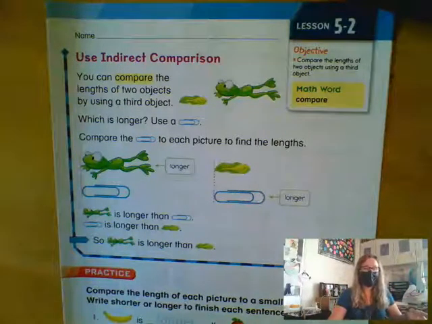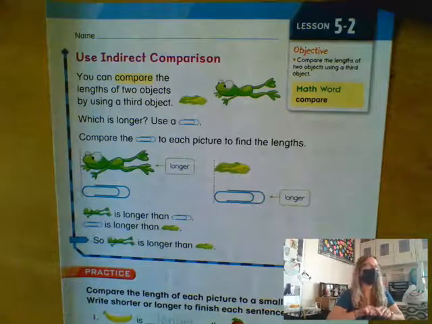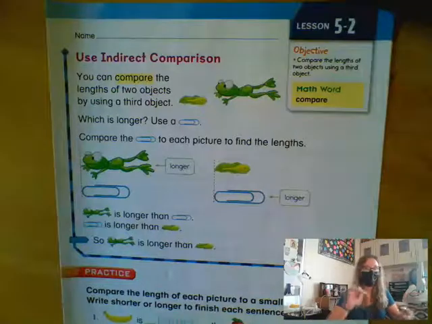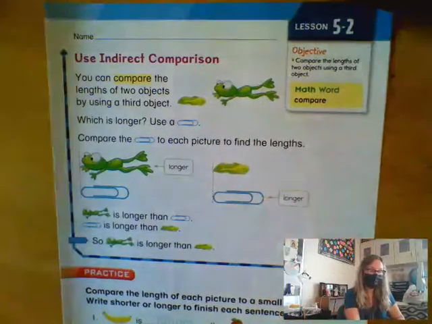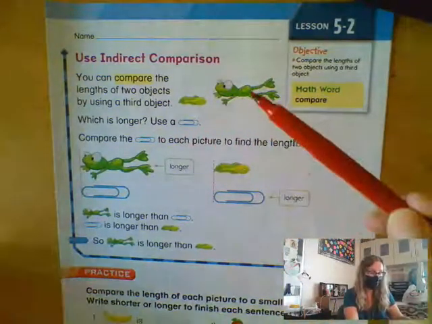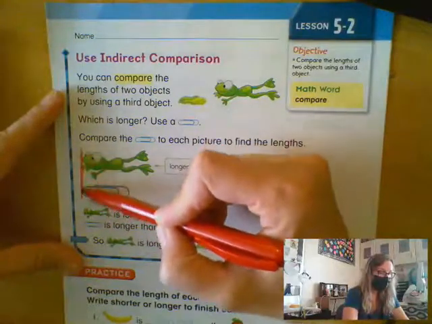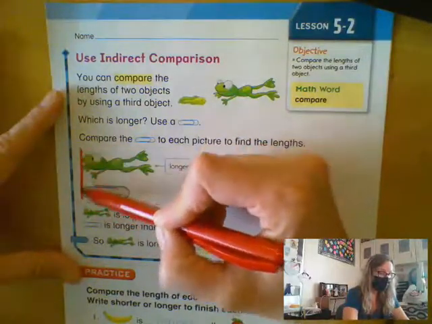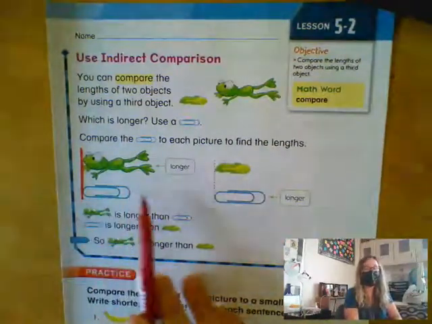So it says here, you can compare the lengths of two objects by using a third object. So which of these two critters is longer? It says use a paper clip to compare. So if we put the paper clip at the same starting point as this frog, we can see that the frog is longer than the paper clip. Do you see that?